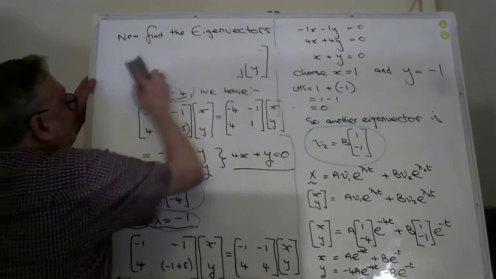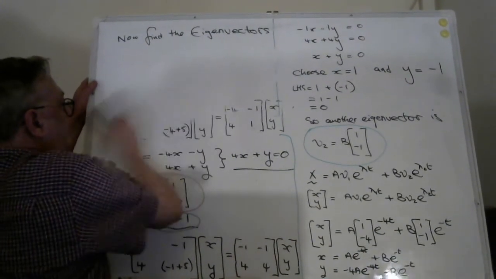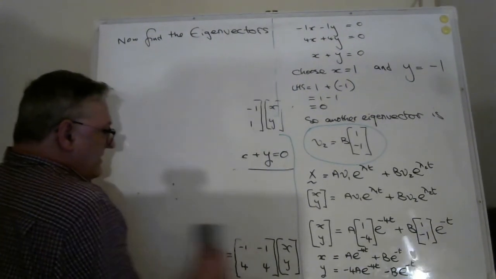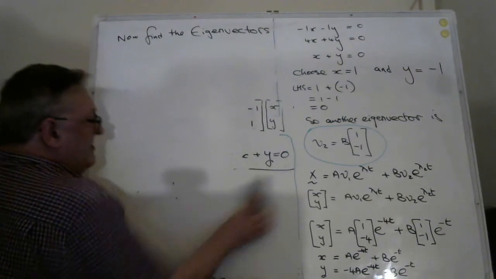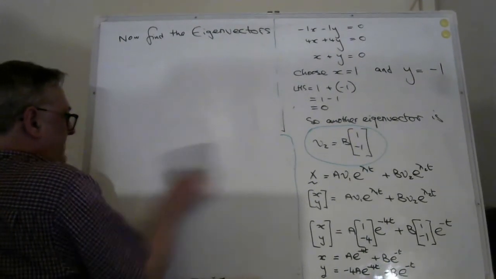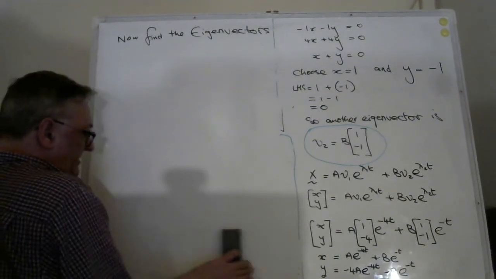And I'll just quickly draw what the phase portrait or the graph of those two solutions looks like. I'm not going to explain it because really that's a whole load more theory, and I don't want to be prolonging the video unnecessarily.